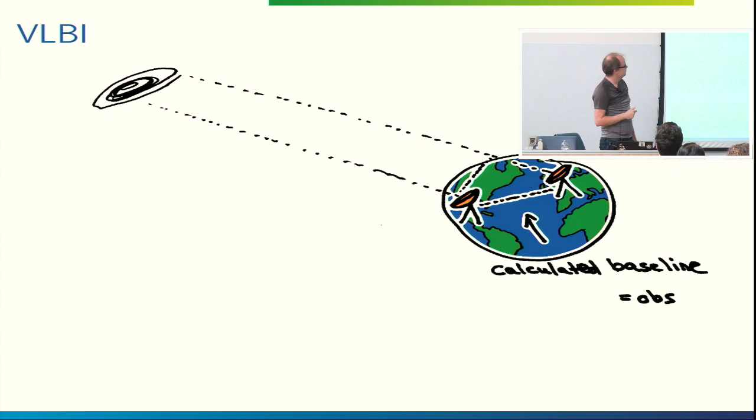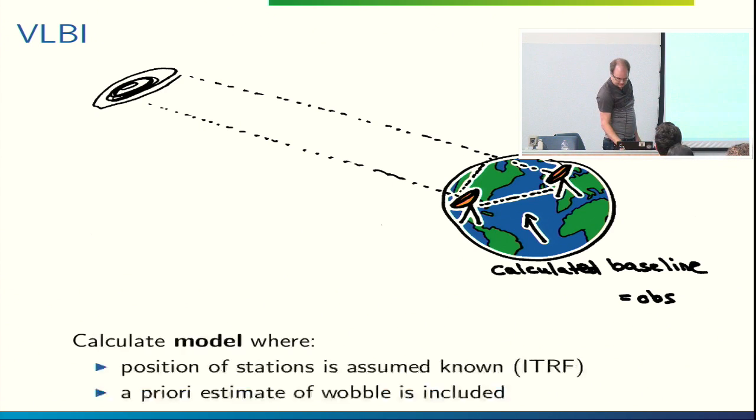So this gives you observations that you can then use to figure out how the Earth is actually spinning around. So I can calculate this baseline, say, today, and I have an a priori estimate of where my station is, for instance the ITRF. So I know where it should be, and I can calculate how long this baseline should be.